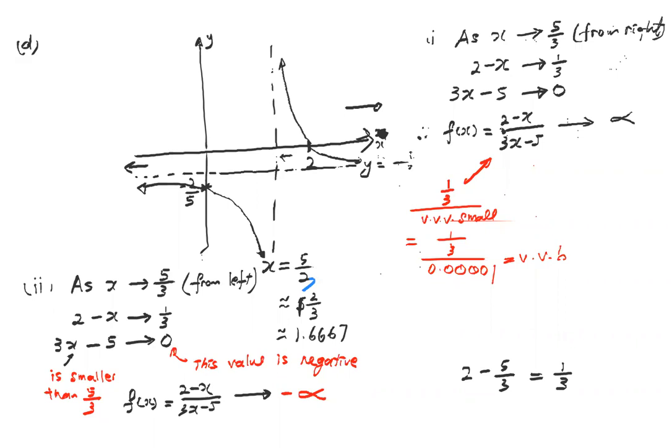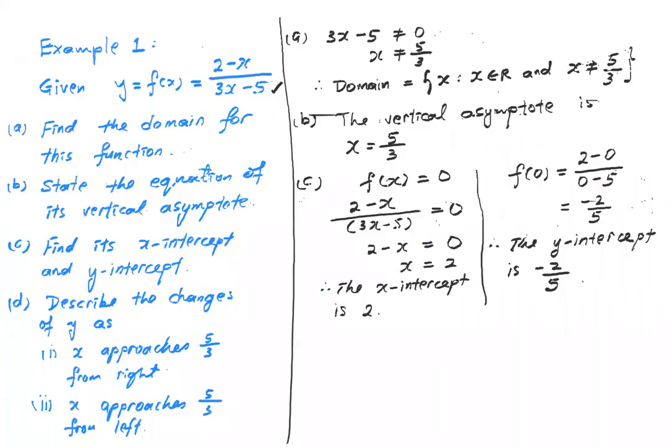Okay. So I recap. When you want to find the domain for a rational function, remember, if the denominator is 0, it is not defined. So therefore, the denominator cannot be 0.